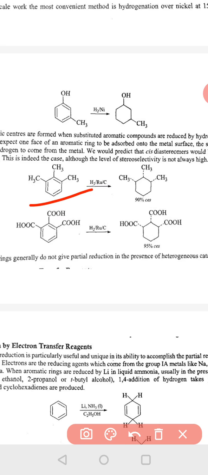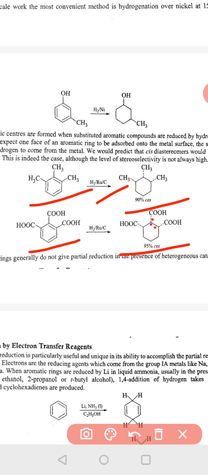When we reduce this compound using ruthenium and hydrogen, we get 90% cis product. And in this 1,2,3 tricarboxylic acid, we get 95% cis product. And this is the stereogenic center, which is formed when substituted aromatic compounds are reduced by hydrogenation.